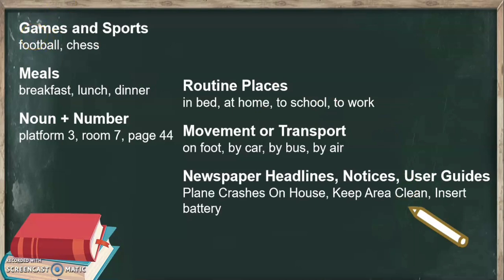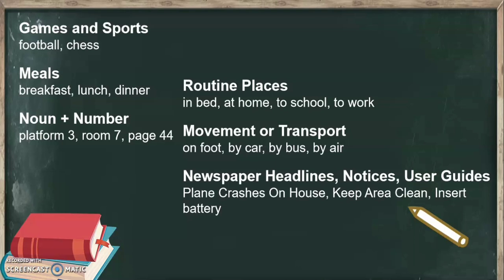So zero articles are also used for games and sports like football, chess, unless you're going to talk about these games and sports in particular. For example, the football match between Argentina and Greece.